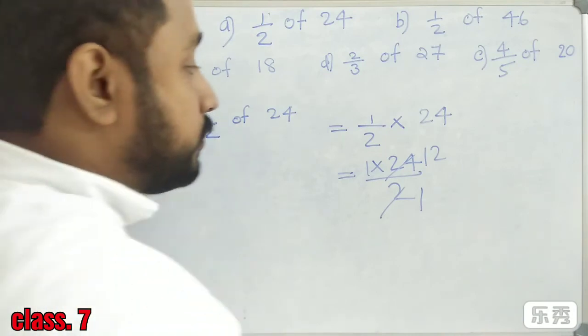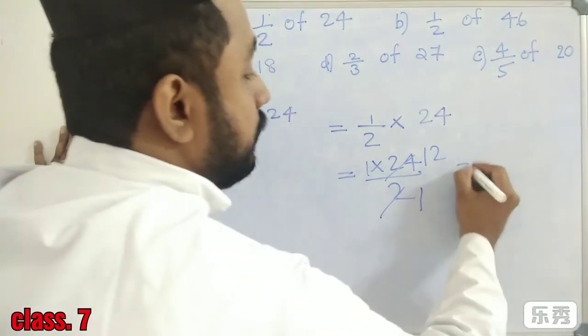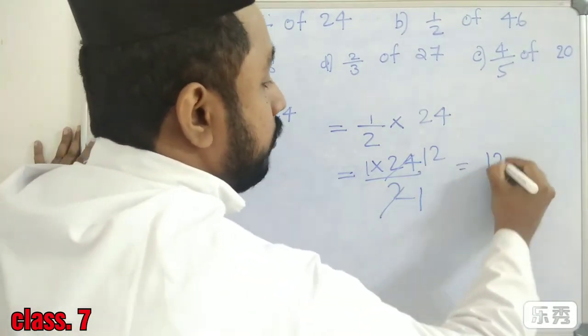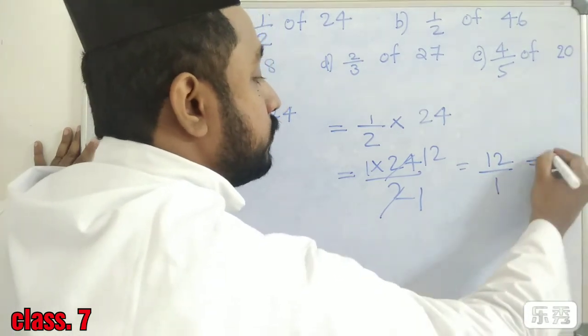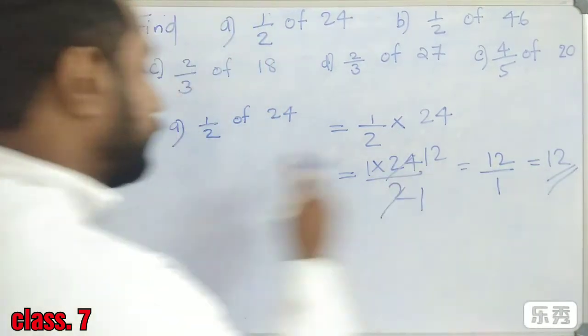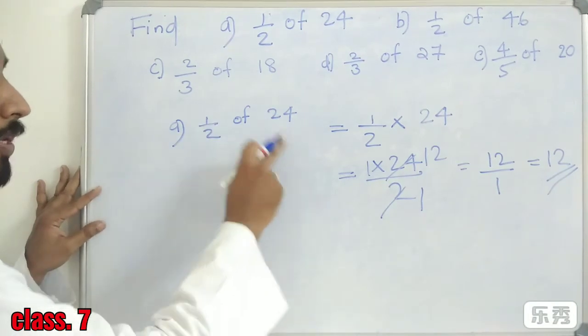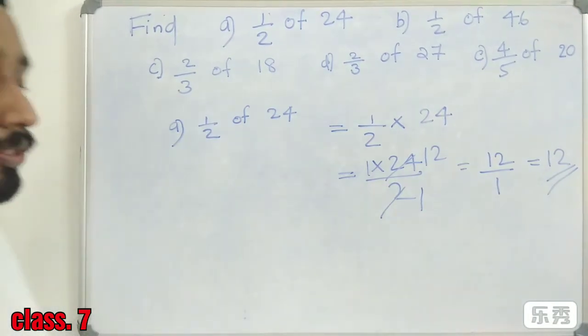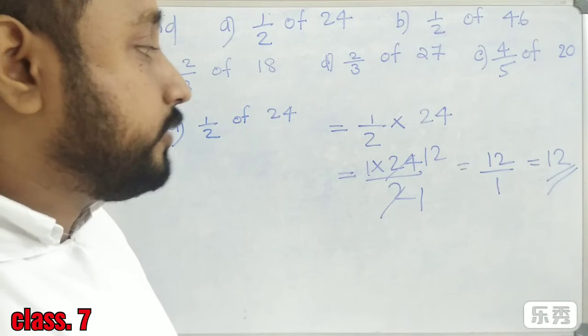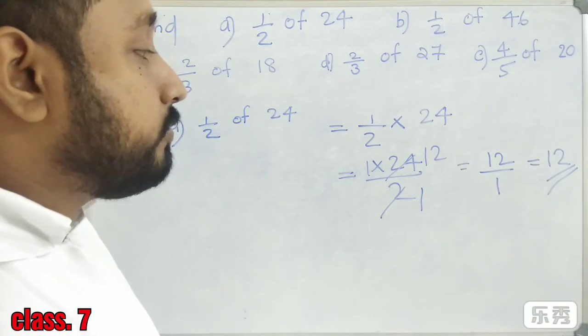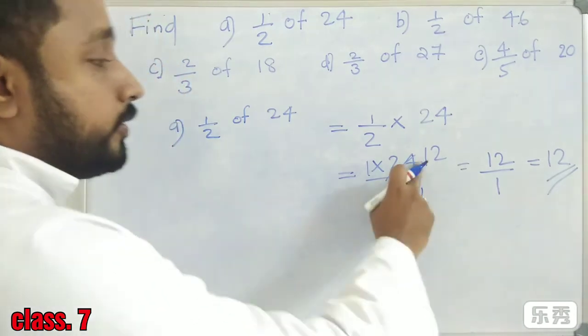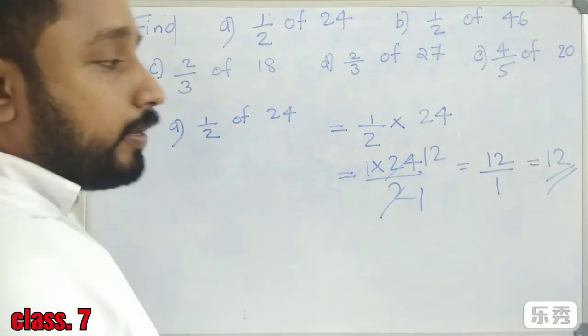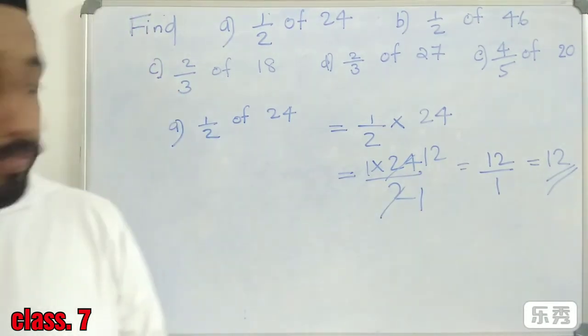Therefore 1 into 12 by 1, that is 12 by 1, which is equal to 12. The answer is 12.